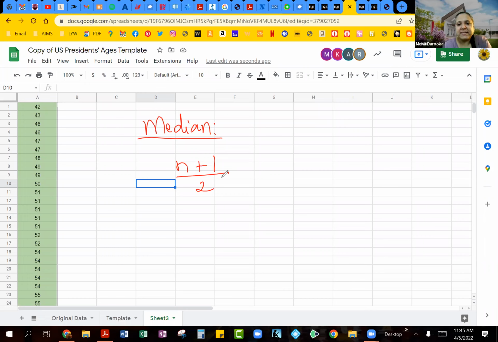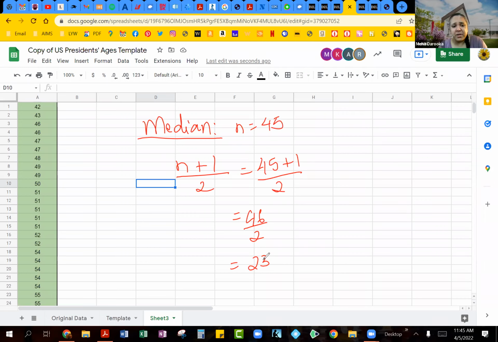Of course, in our data set, n is equal to 45 because we have 45 ages in here. So 45 plus 1 would be 46. And 46 divided by 2 would give us 23.